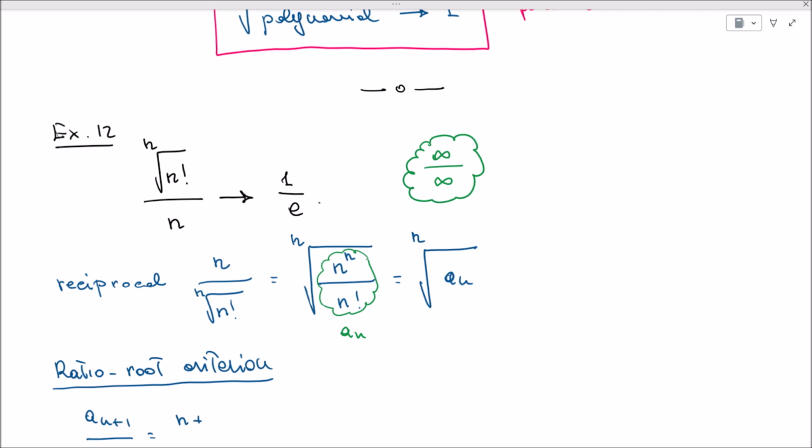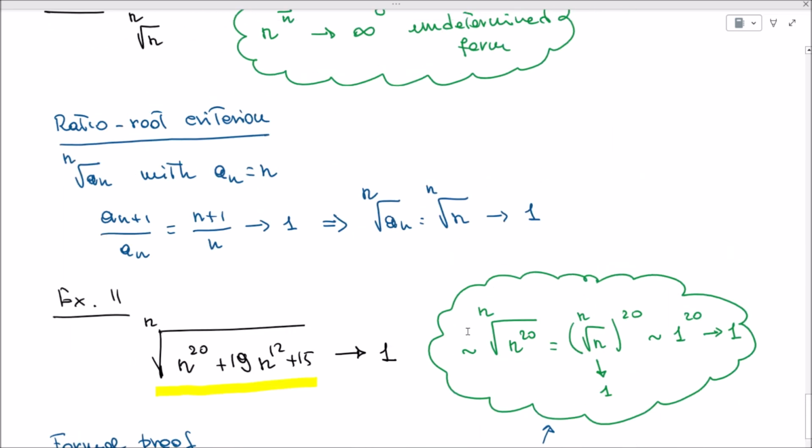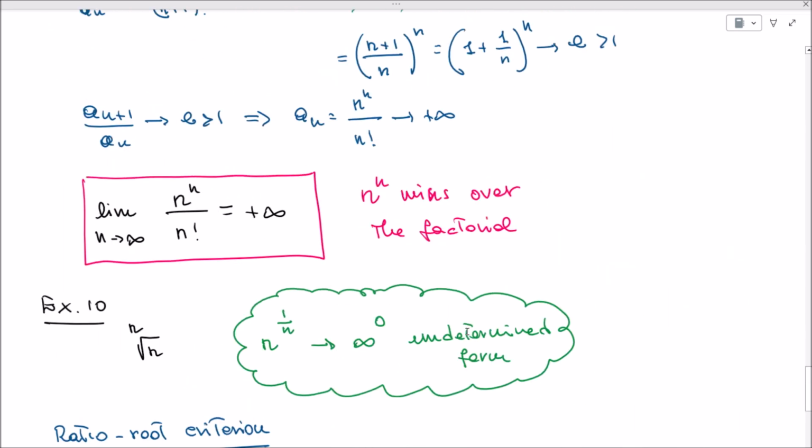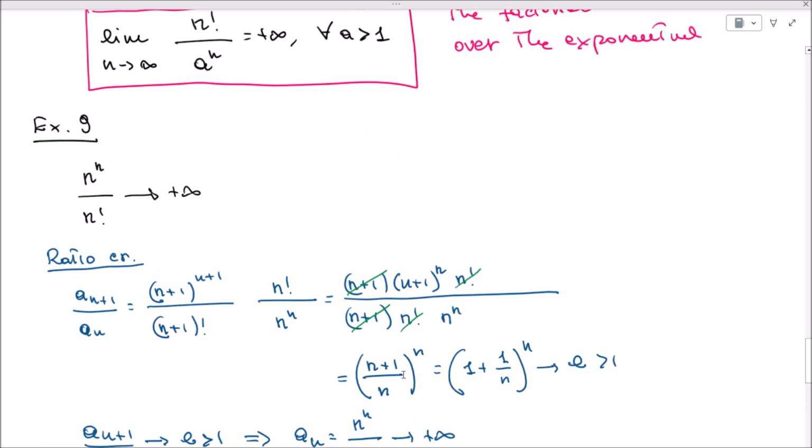Remember that an now is equal to n to the n divided by n factorial. However, we have already encountered this limit, didn't we? We saw that n to the n divided by n factorial is something that will get the limit e.